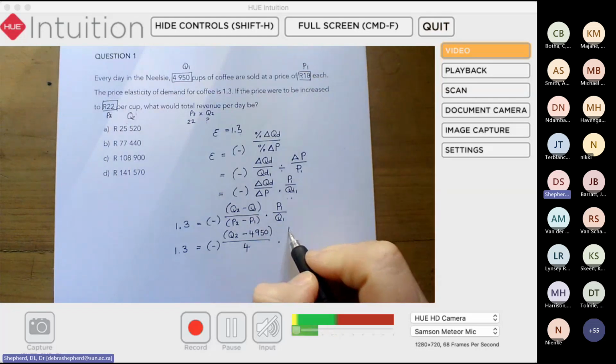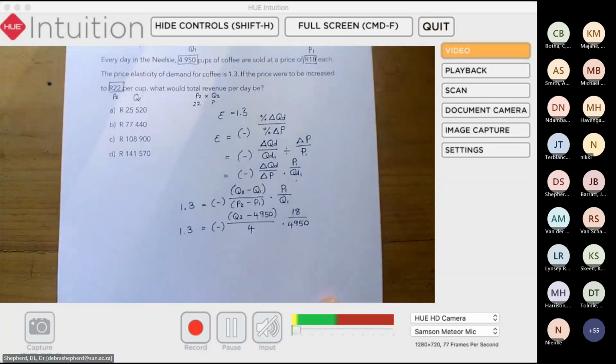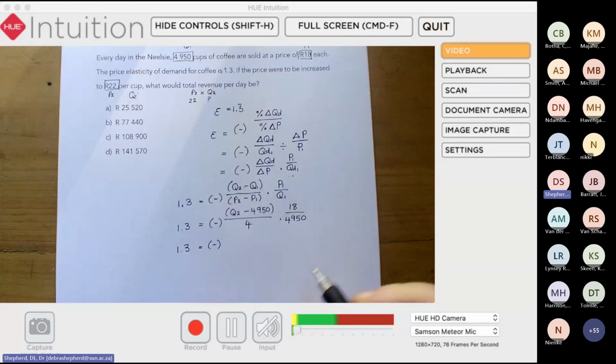And then price 1 is 18, and quantity 1 is 4,950. So then I'm going to have 1.3 equals minus, and then 18 divided by 4,950. I'm actually going to take that to the other side.